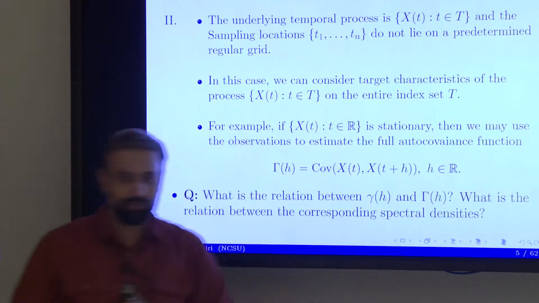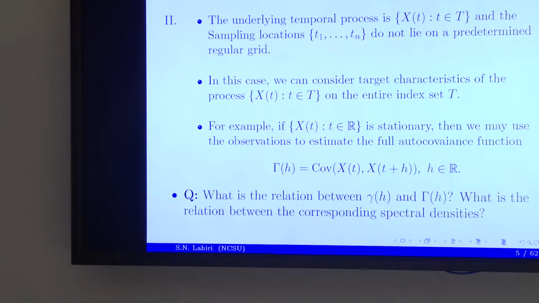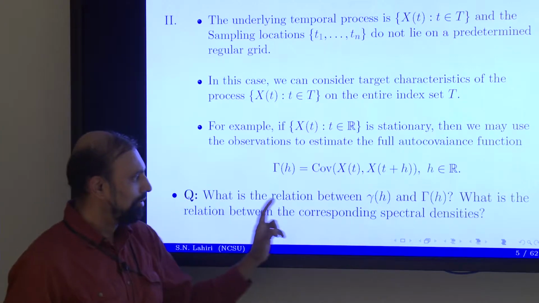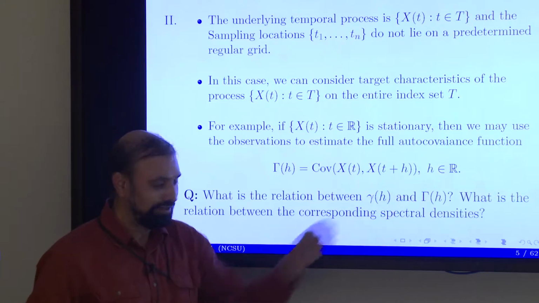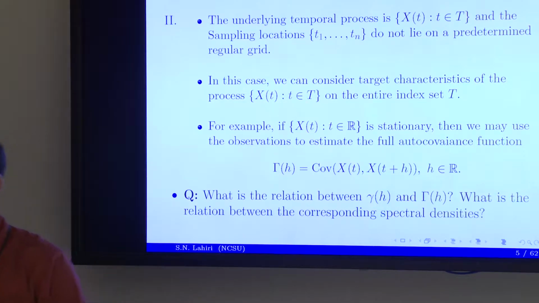But now when you look at the spectral densities, there is some difference, right? So how do the spectral densities compare? For this, I am going to again suppose that these are decaying fast enough as h goes to plus or minus infinity, so it's absolutely summable.